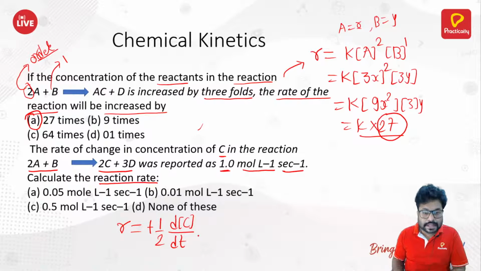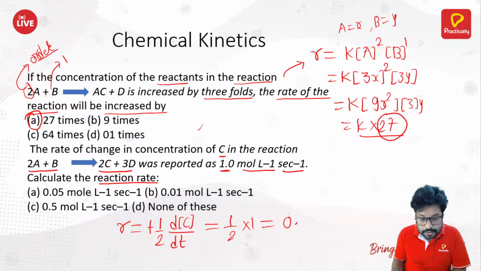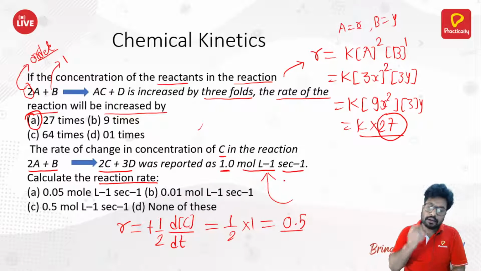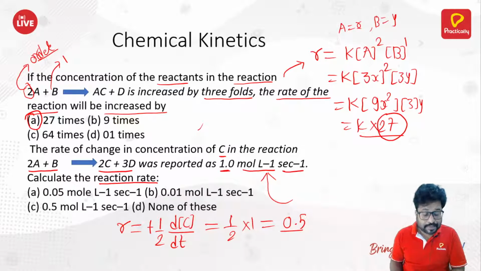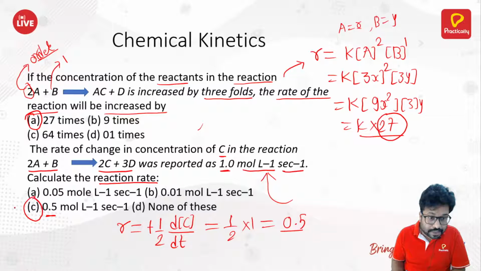So dC by dt is the rate of change in concentration, which is 1 mole per liter per second. So half into 1 is equal to how much? 0.5 mole per liter per second. That is why in this case our answer is 0.5 mole per liter per second, which makes option C the correct option.